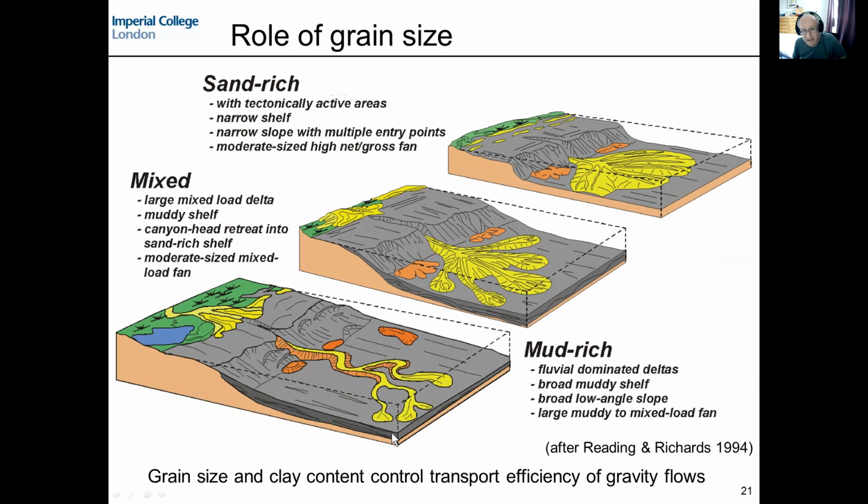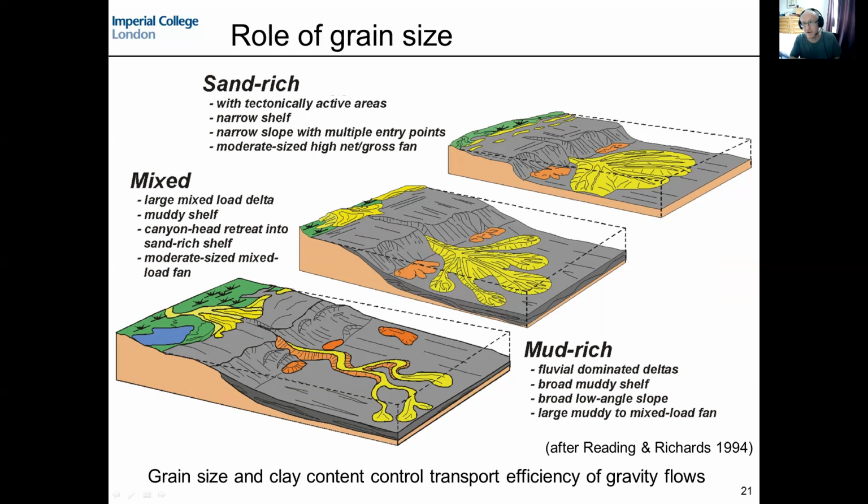We can be talking about thousands of kilometers for their downstream distance. And then we have mixed fans, carrying a mixture of sand and mud, maybe 50% of each. These tend to have intermediate scale, maybe in the order of several tens to hundreds of kilometers. The channels are distinct from each other and the lobes at the end, but the channels tend to be shorter distances than they are in mud-rich systems.